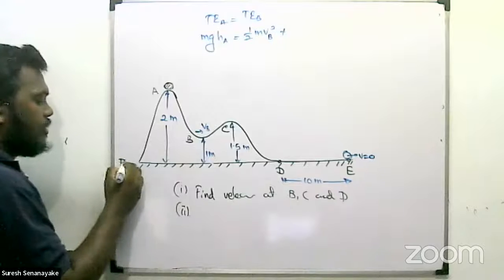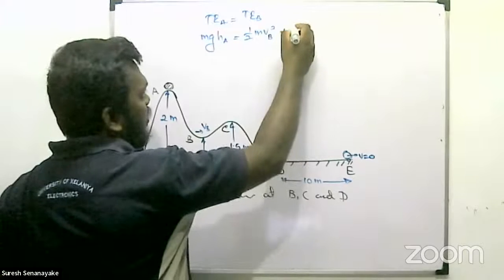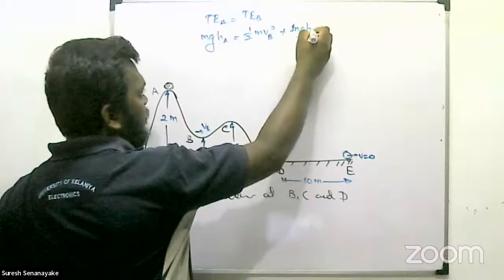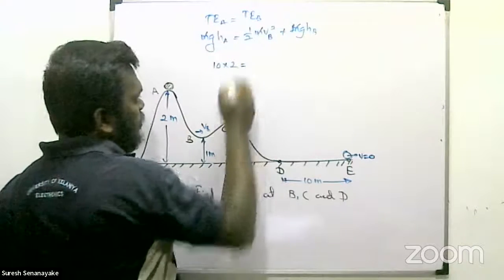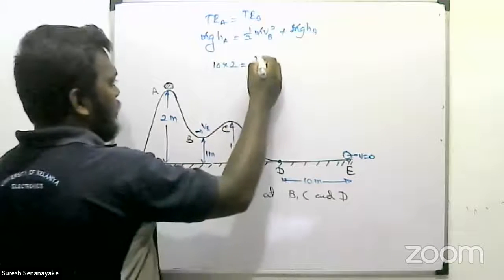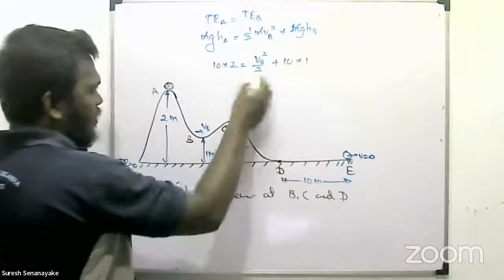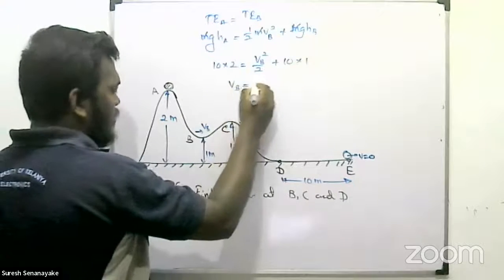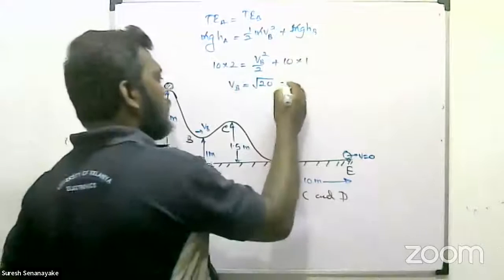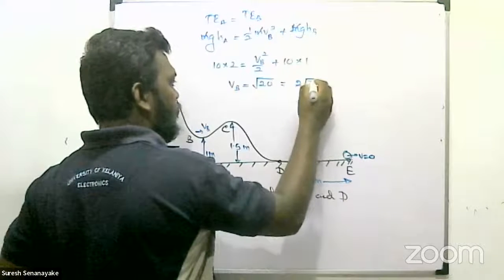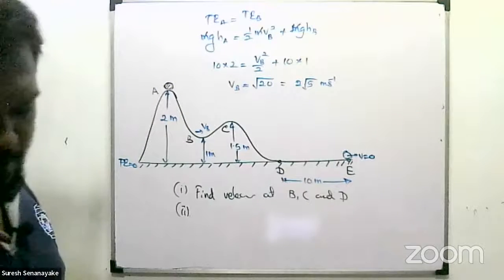This level is taken as the potential energy zero level, so B is at height 1 meter, so you can write mgh_B. Mass cancels, and g is 10 m/s squared, so v_B squared over 2 equals 10 into 1, so v_B squared is 20, and v_B is the square root of 20, that's 2 root 5. So that is the velocity at B.